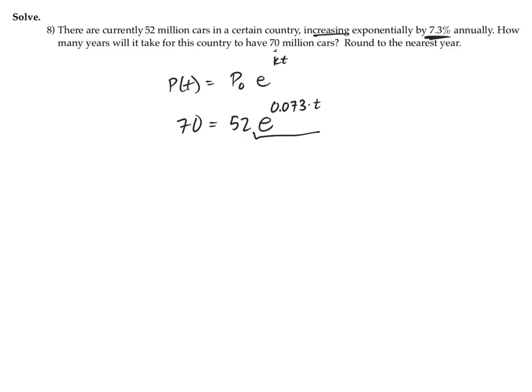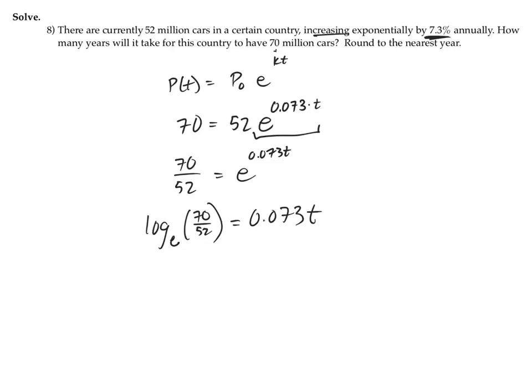Okay, I need to isolate this piece, so I'll divide both sides by 52. e to the 0.073t, and then I'll change form. I could divide those if I want, but I'll just leave it as a fraction. Okay, change form, log base e of 70 over 52 is equal to 0.073t. Now divide both sides by the 0.073.